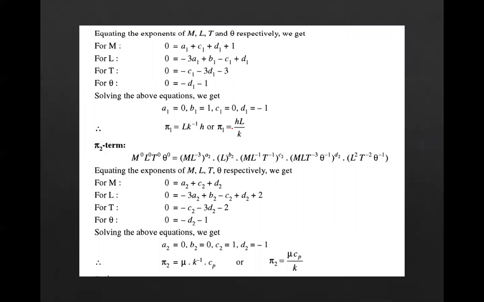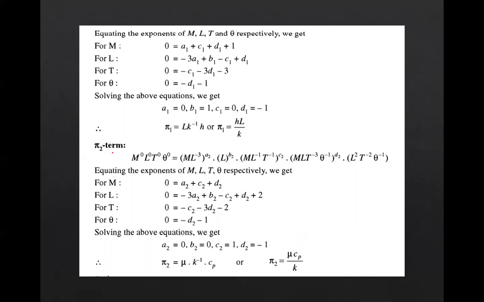Pi 1 is rho raised to power a1, L raised to power b1, mu raised to power c1, k raised to power d1 into h, and similarly for Cp and beta g delta T. When we put the dimensions and equate the powers, we get pi 1 equal to L into k raised to power minus 1 into h, that means hL by k.